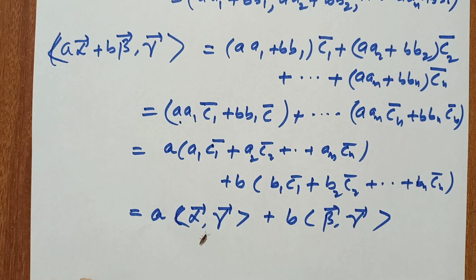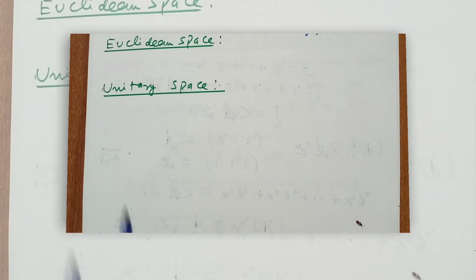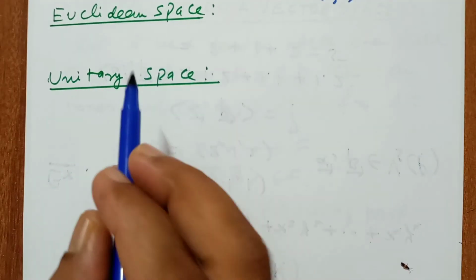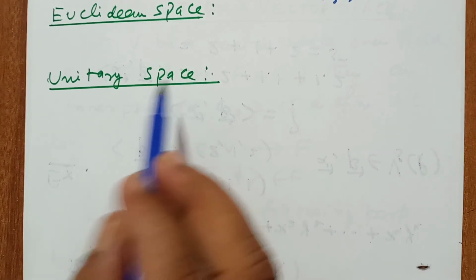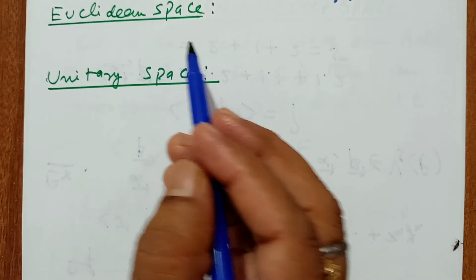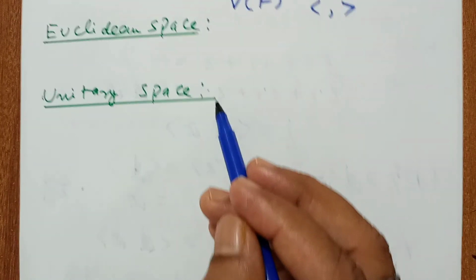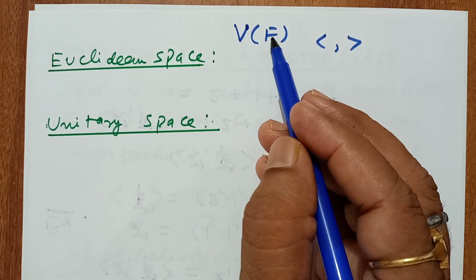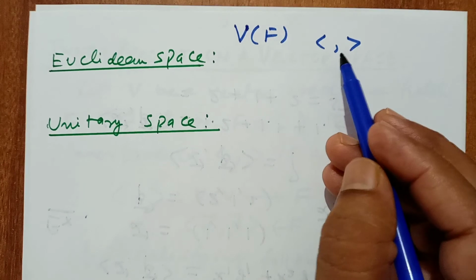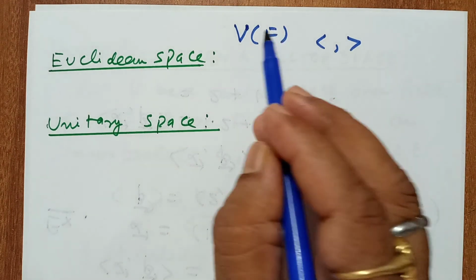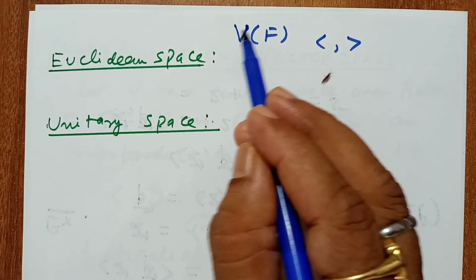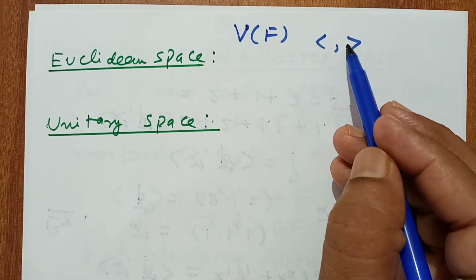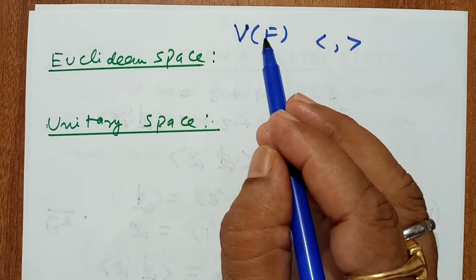So given V over C is an inner product space. Now, Euclidean space and unitary space. What is a Euclidean space? As we know, if V is a vector space over a field F and we have defined an inner product, then a vector space V over field F with an inner product is called an inner product space.